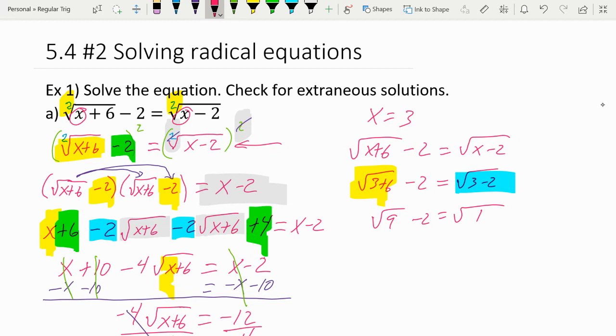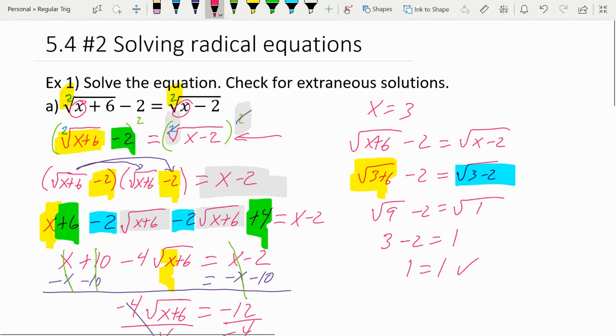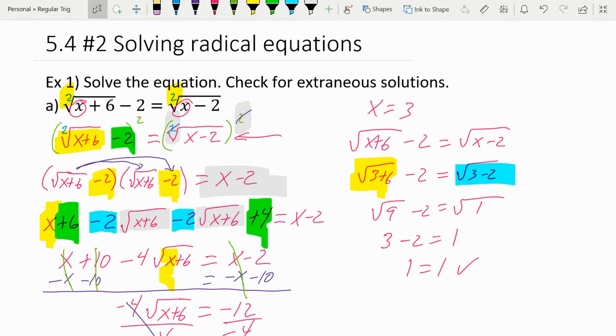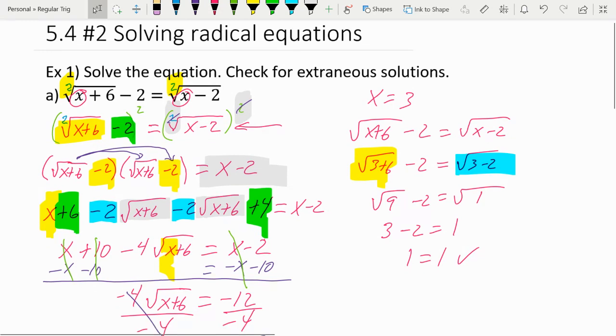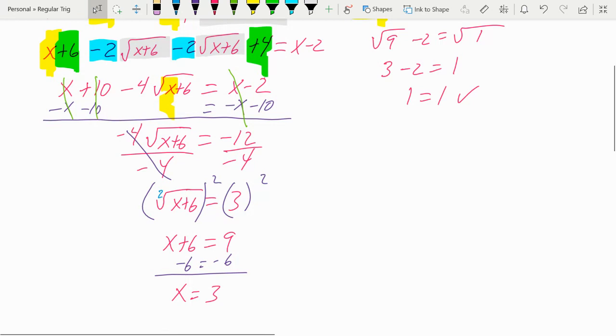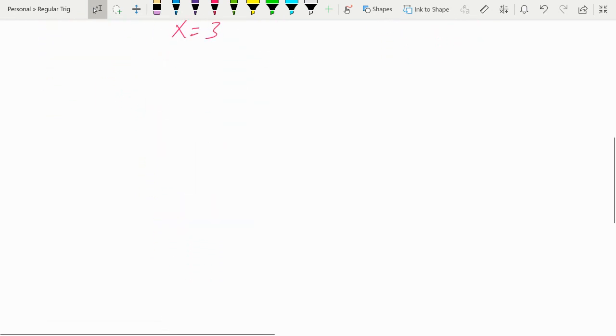Square root of 9 is 3, minus 2. The square root of 1 is 1. So 3 minus 2, all right, 1 equals 1. So since it does equal, then I know that x equals 3 is a solution.